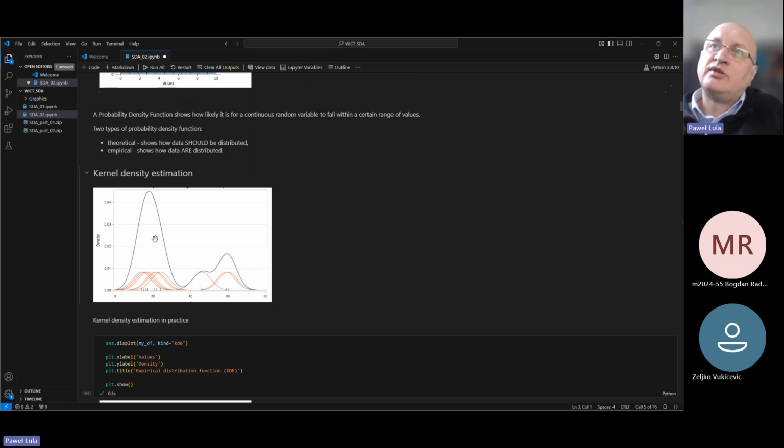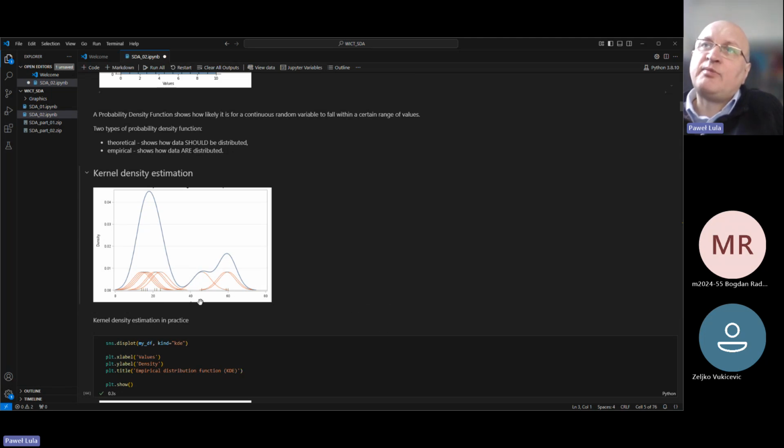Probability density function. So having this function, we can calculate the probability that a value of this random variable belongs to a specific range. But we should remember that if we want to calculate this probability, we should calculate the area under, in this case, the blue curve for this range.